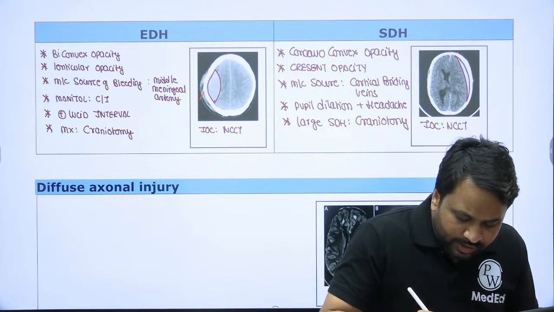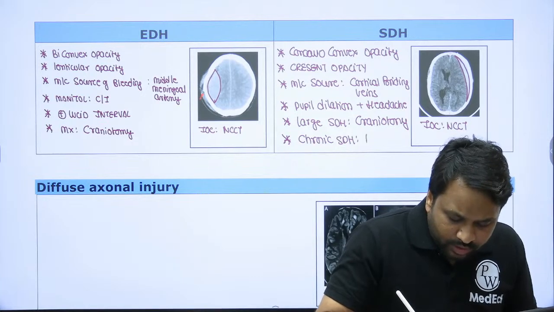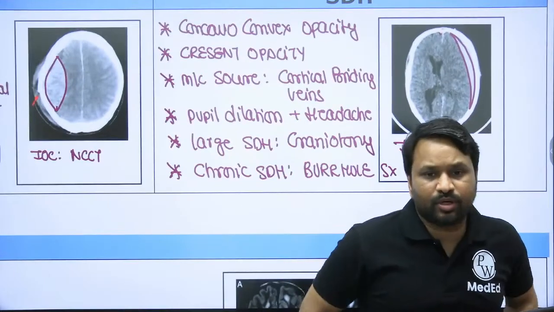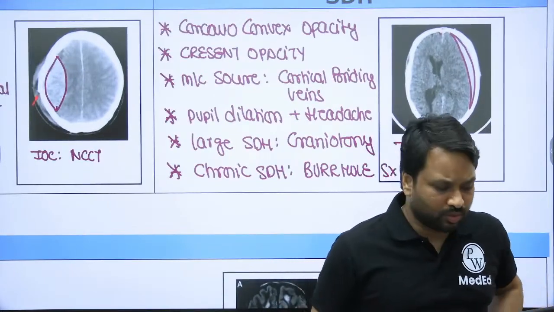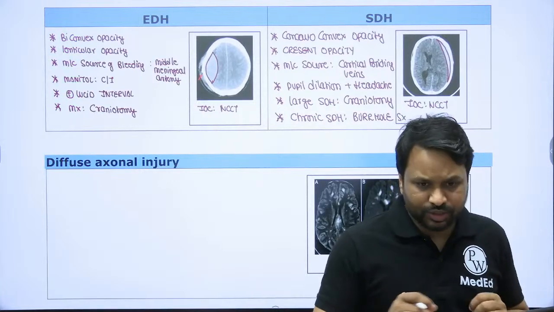For chronic subdural hemorrhage, you can do a burr hole. So these are with respect to EDH as well as SDH.